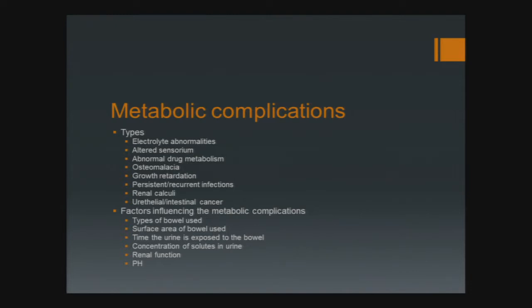Persistent recurrent infections, renal calculi, and urethral intestinal cancer that I talked about earlier. So things that change the metabolic complication rate: the type of bowel used, and again, we'll talk a little bit more in depth on that in a second. The surface area of bowel used, the time the urine is exposed to the bowel, the concentration of solutes in the urine, and the renal function and the pH of the urine.